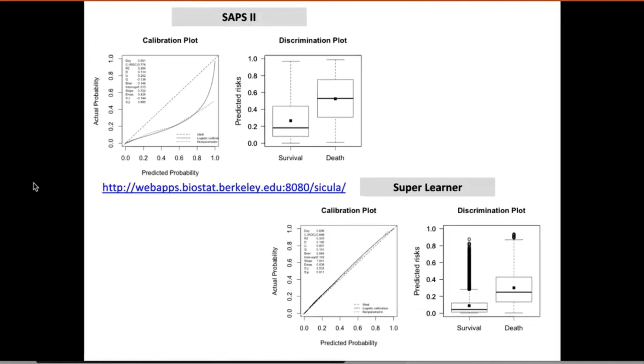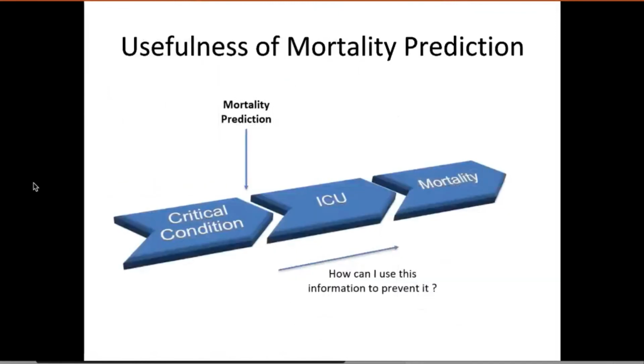Next slide. But at the same time, as a clinician, and again, I see myself essentially as a clinician before, I was like, well, it's nice to have an accurate prediction tool for mortality.